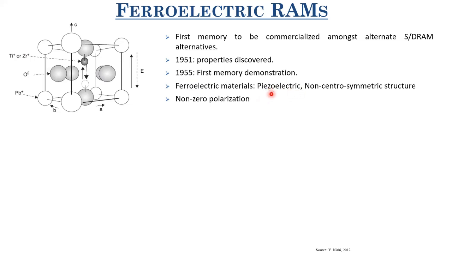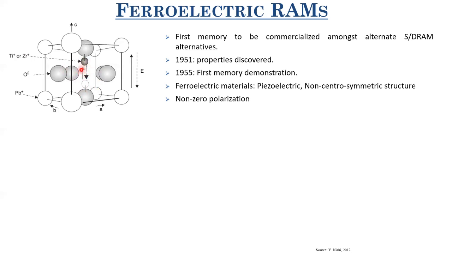At the same time, they have a non-centrosymmetric structure. What I mean by non-centrosymmetric structure is this: let's take the case of PZT, which is the most common kind of perovskite-based ferroelectric material, which was used at that time. Here, you can see that the center position is not occupied by any atom.